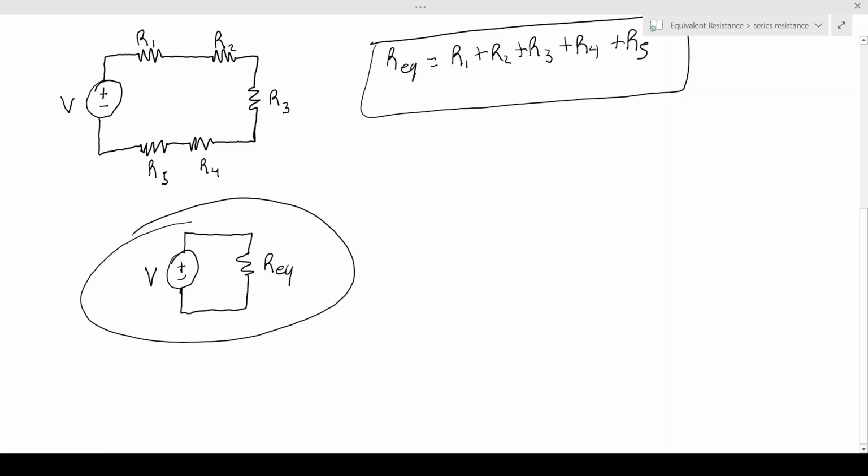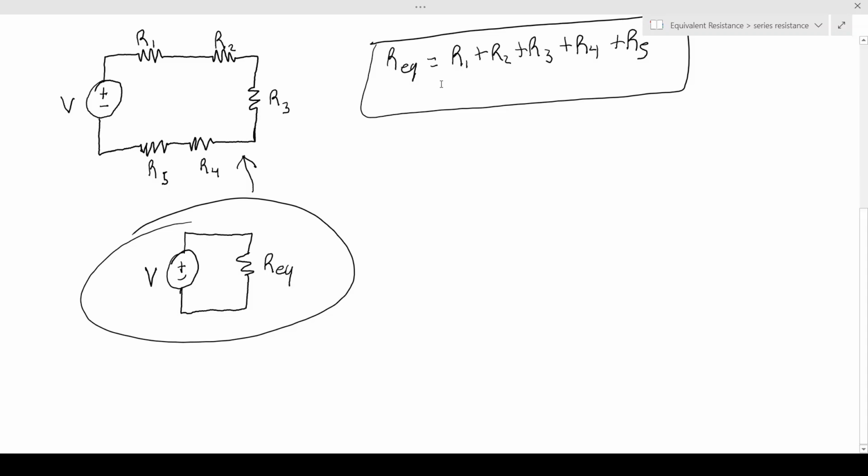So this is the simplified version of this circuit. We were able to get the equivalent resistance of the more complicated circuit and simplify it into a simple circuit by using the equation for the equivalent resistance of series resistors.